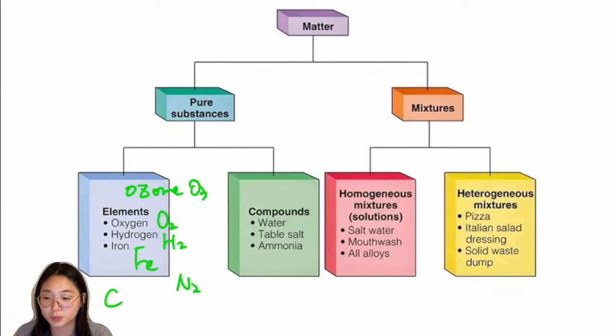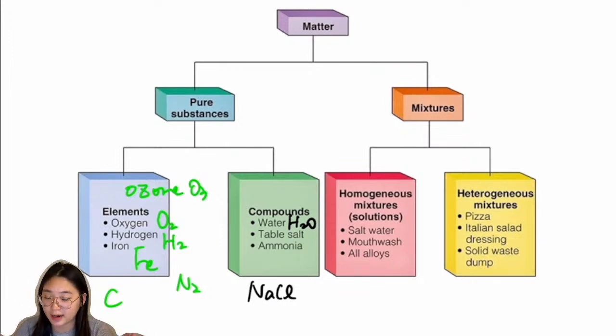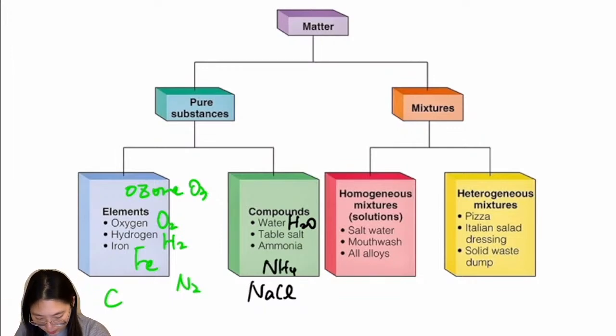Then what about compounds? Compounds are pure substances that consist of two or more different types of atoms. There are so many examples of compounds, such as water, H2O. Hydrogen and oxygen are two different types of atoms, right? So H2O is a compound. Table salt, sodium chloride, NaCl, sodium and chlorine, are two different types of atoms, so it's a compound.